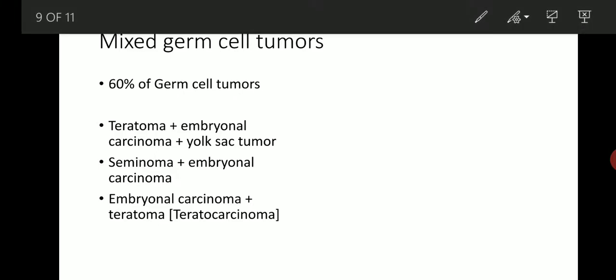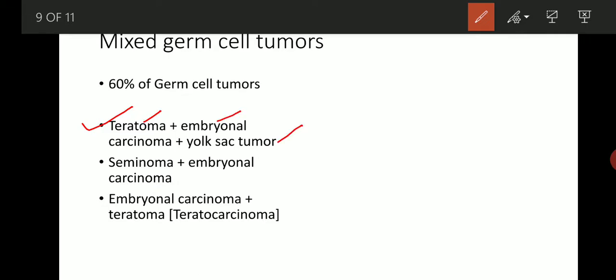Talking about mixed germ cell tumors, in fact 60% of all germ cell tumors are mixed germ cell tumors rather than pure tumors. You can have a mixture of different types of germ cells, the most common mixture being presence of teratoma with embryonal carcinoma and yolk sac tumor.